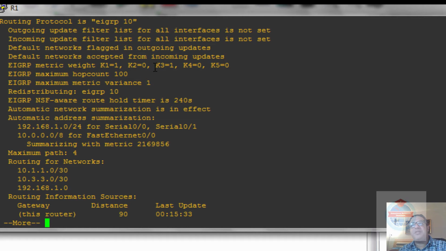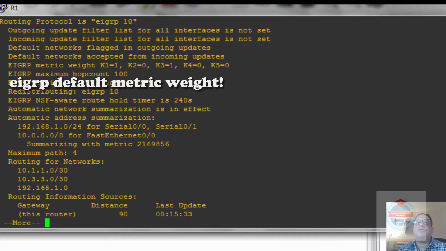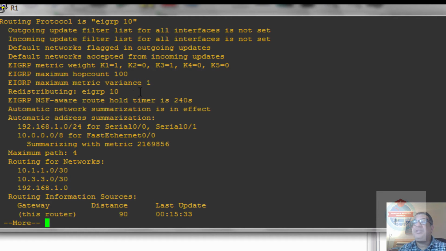The second value is 0, and the third value is 1. Then default is delay. You can see the maximum hop count is 100, variance is 1, redistribution EIGRP 10. And all this information is going to be very important when you do redistribution, guys.